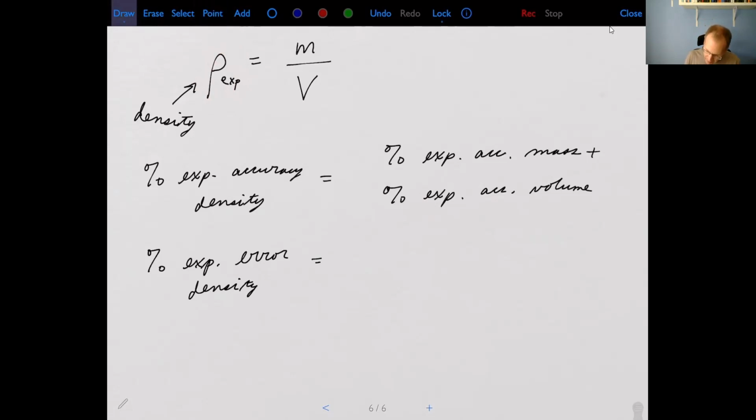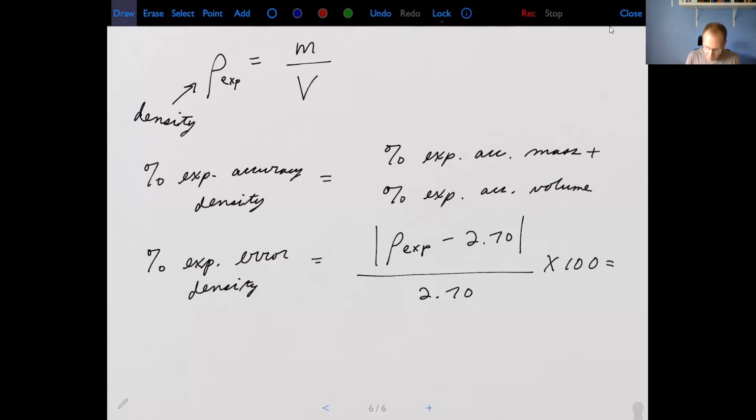So how do you compute the percent error? Well, you're going to take your experimental value, subtract 2.70, and then you make it positive by taking absolute value. And then remember, you can refer back to the measurement handout or measurement video if you forgot this. You always divide by the accepted or predicted or gold standard value, which is 2.7, and then times 100. And that will give you the percent experimental error for the density.